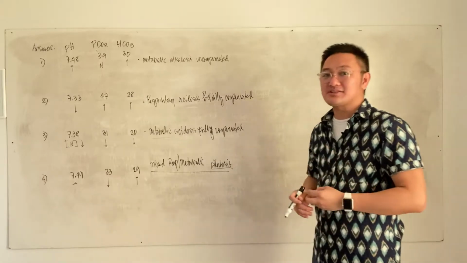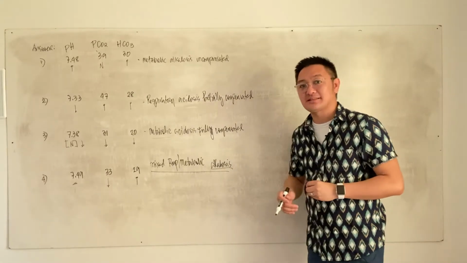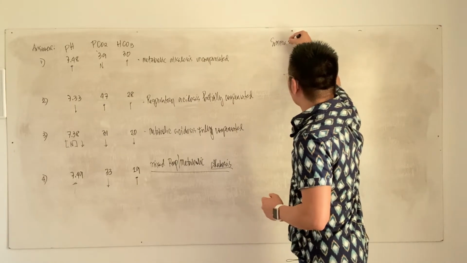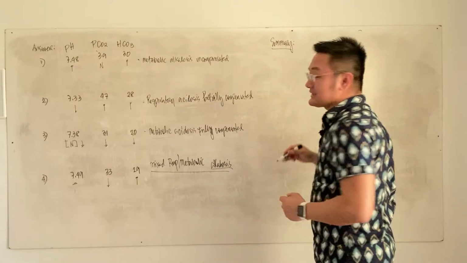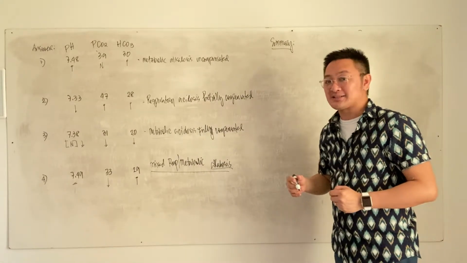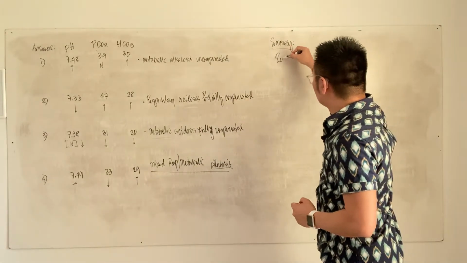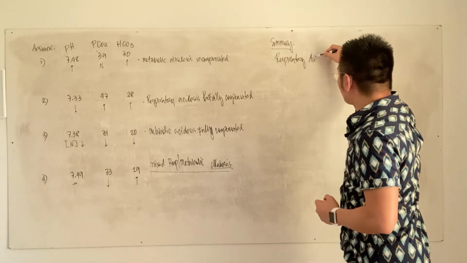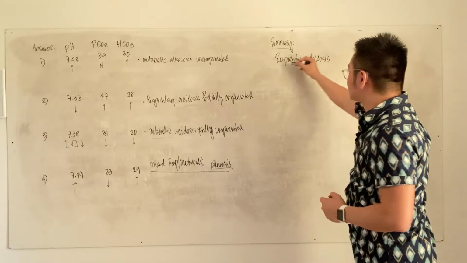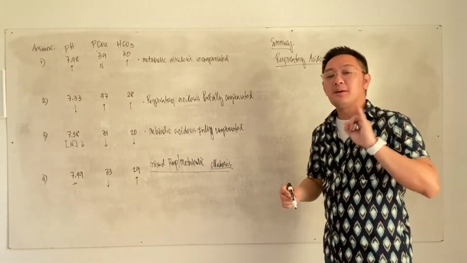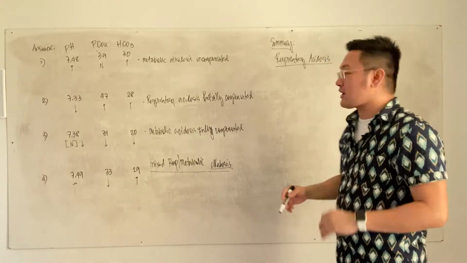Okay, so let's try to summarize the different acid-base imbalances I gave you. Let's begin with what we call respiratory acidosis. Again, there are three categories: uncompensated, partially compensated, and fully compensated.